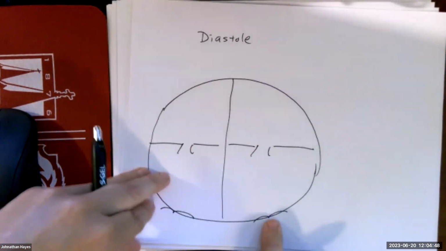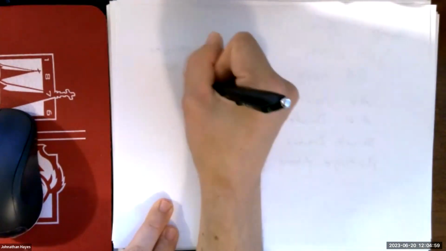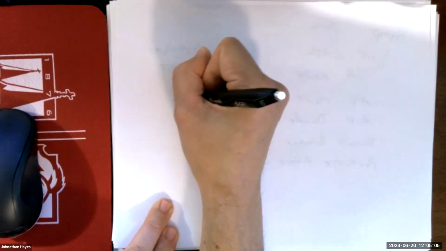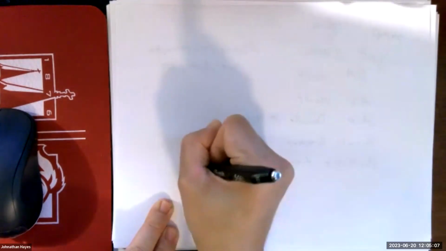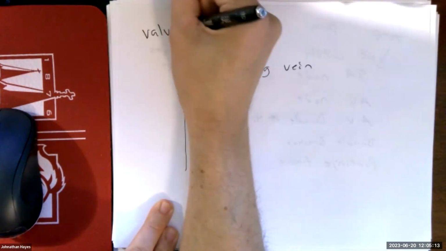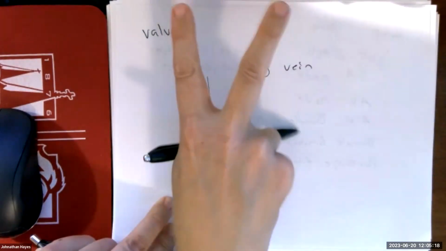And real quick, just in case you need a refresher on this, a lot of times when I'm drawing valves, I draw them like they're doors on hinges. Let's say this is a leg vein. And again, I'm just talking about valve function. Valves serve two purposes.